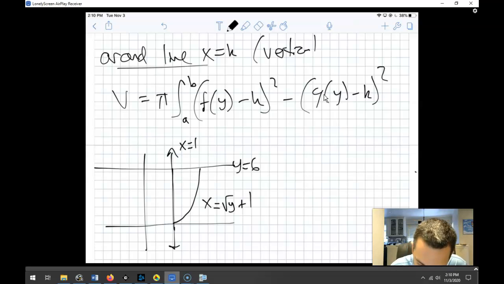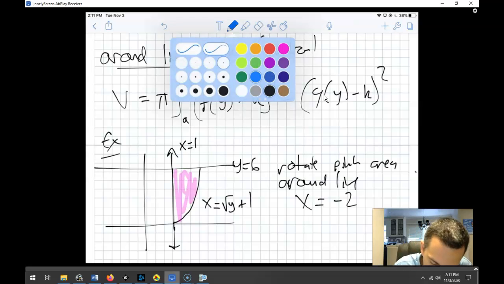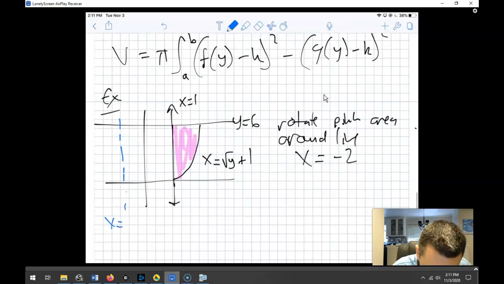And in this example, this is my area right here, and I'm going to rotate the pink area around the line x equals -2. So I'm going to sketch that in blue here. Again, my blue is for the axis. That's x equals -2. So we're going sideways.